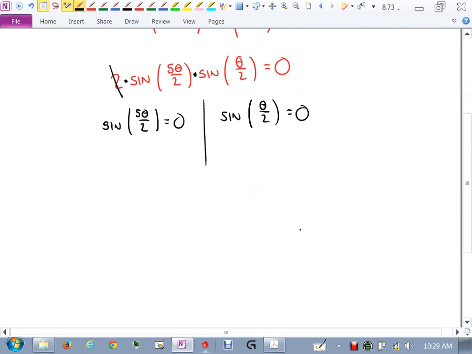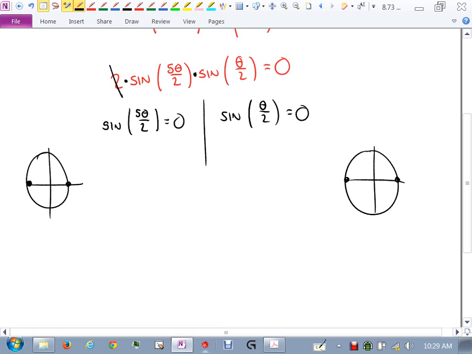Where on the unit circle is sine 0? 0 and pi? And that would work out for this one also, right? Both of these? So for both of these, I want the arguments to be equal to what? How do you say 0 and pi, all the different solutions? Pi k.